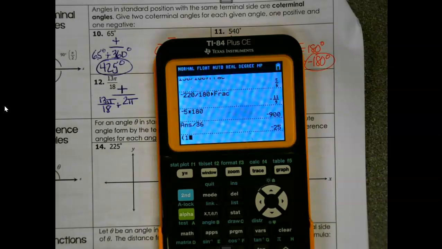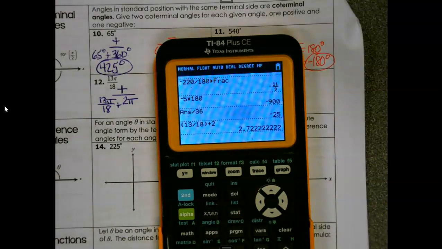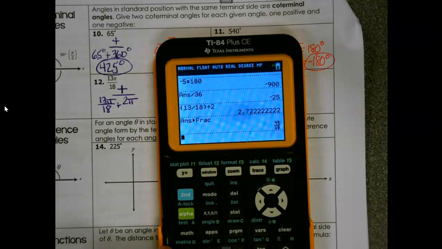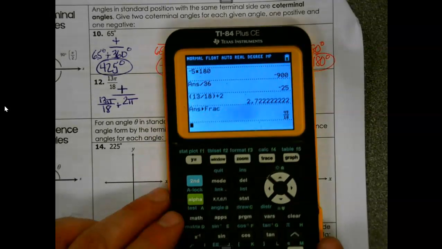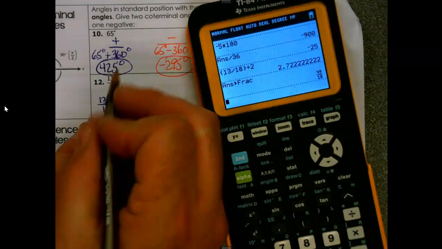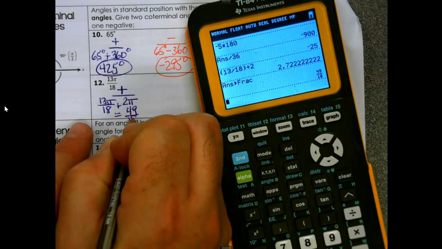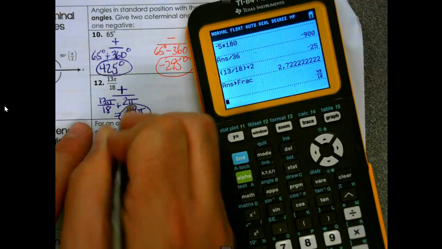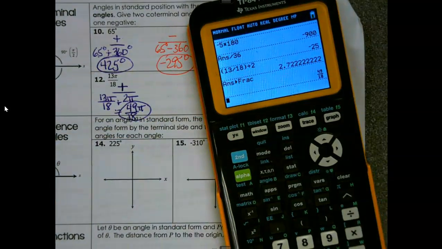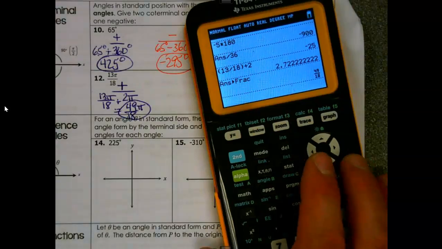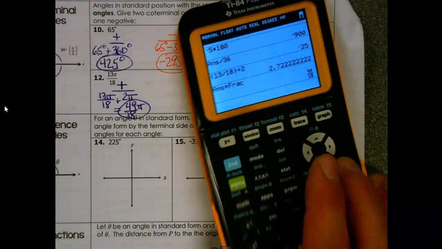So 13 divided by 18, in parentheses, plus 2. We don't want decimals. Math, enter. Is that right? It is. It says 49 over 18, and you put the pi back in. That's your coterminal angle, positive in pi.